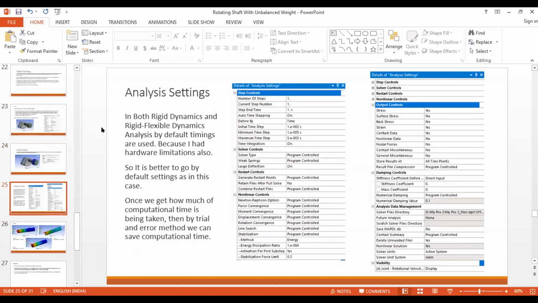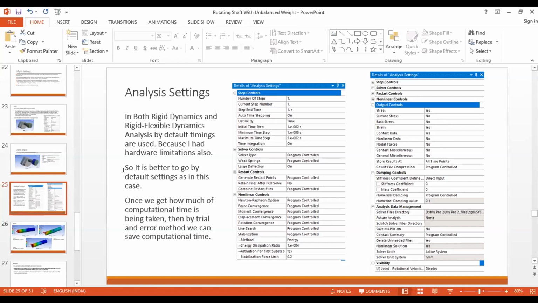In analysis settings, in both rigid dynamics and rigid flexible dynamic analysis, default timings are used. One thing is that I had some hardware limitations, because my computer power is not that effective to solve this in a very great manner.